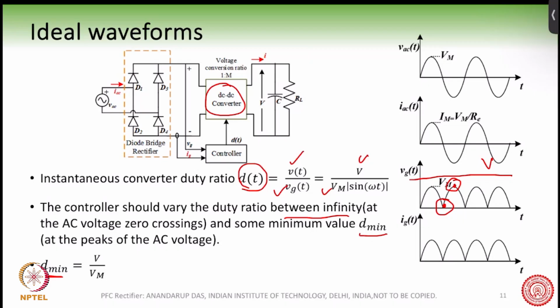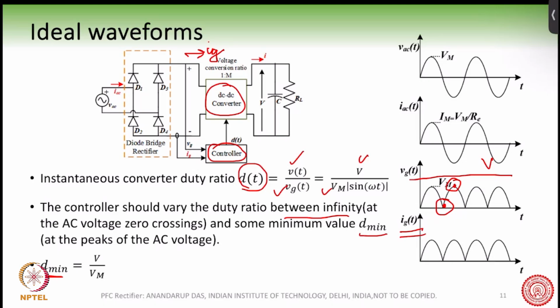And of course, if we can ensure this, then with the closed loop control here, we will ensure that the current flowing through here, IG, is like a rectified sine wave.